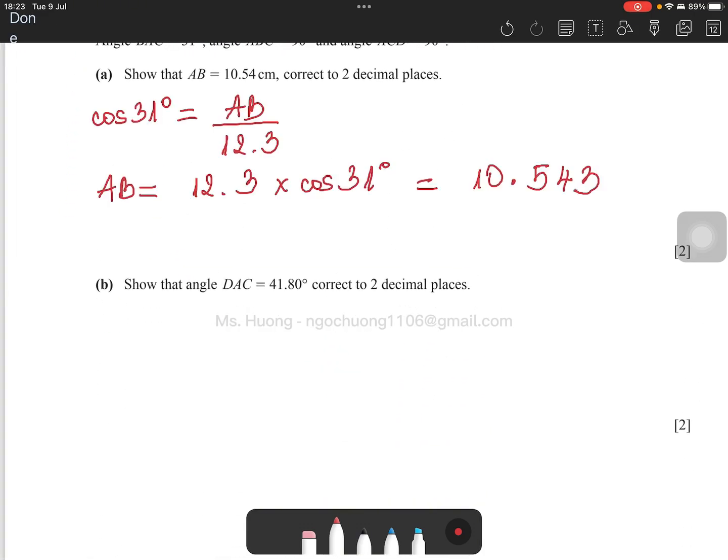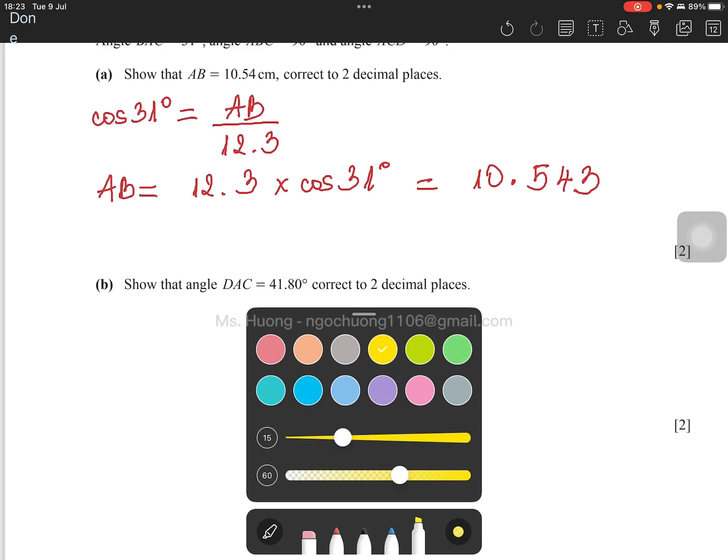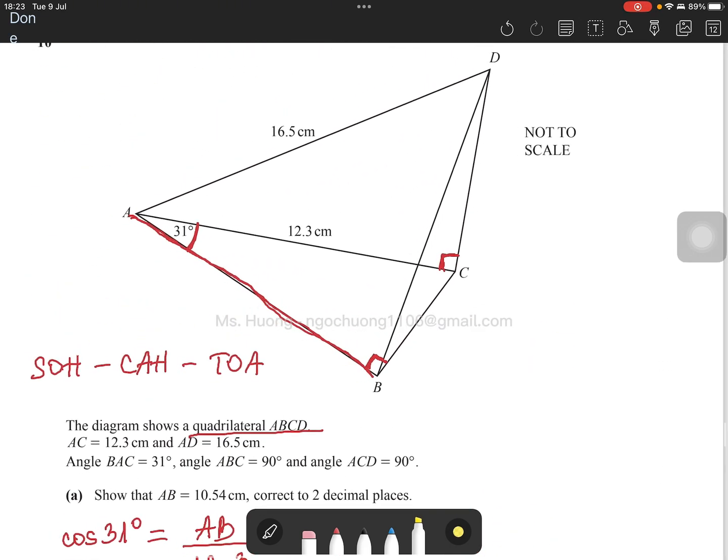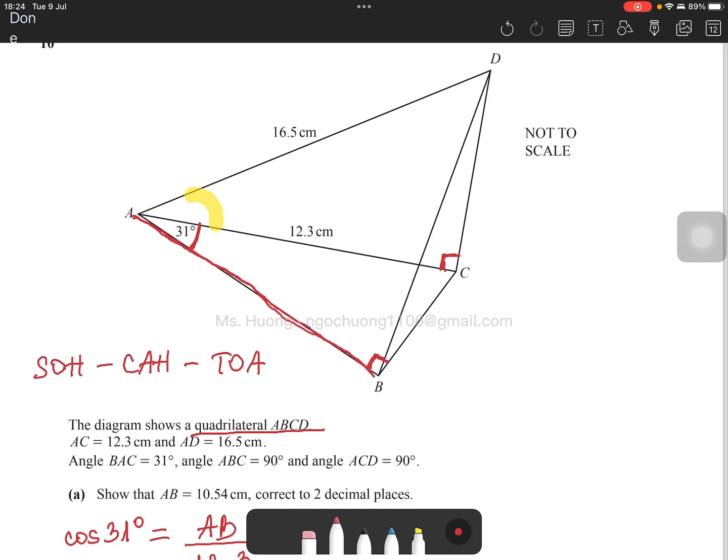B. Show that the angle DAC is 41.80 degrees. So let's take a look at the angle DAC, this angle. And this angle is also in a right angle triangle, ACD. In the triangle ACD, AC is adjacent and AD is hypotenuse. So once again, we use cos.